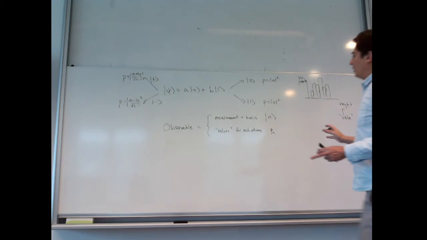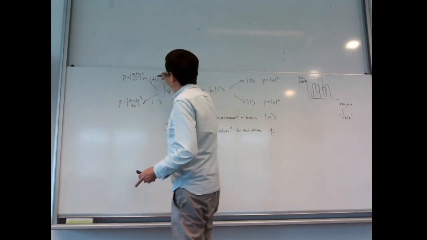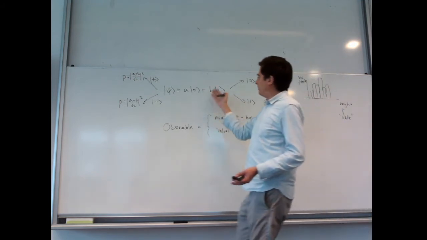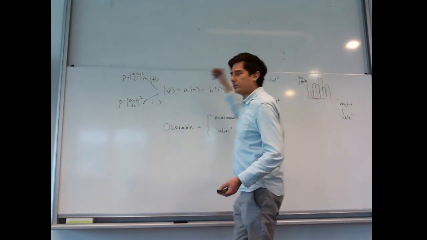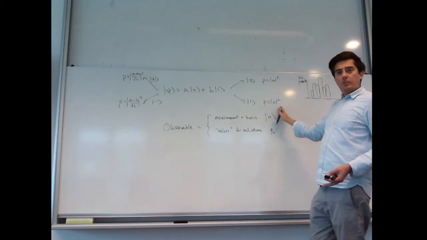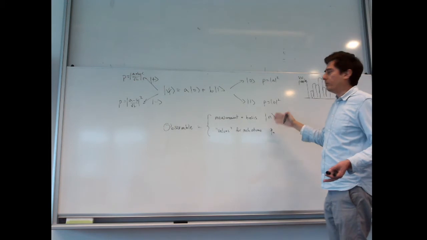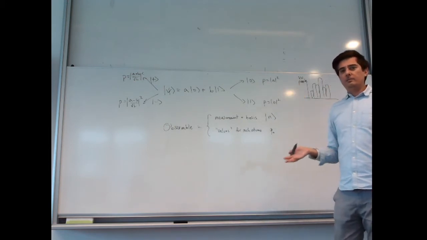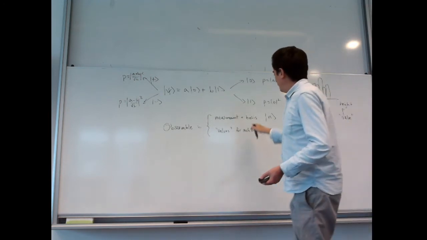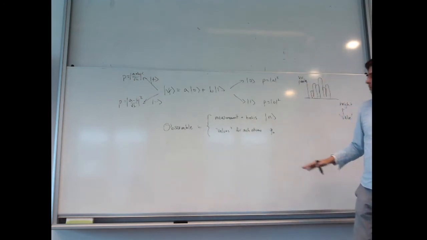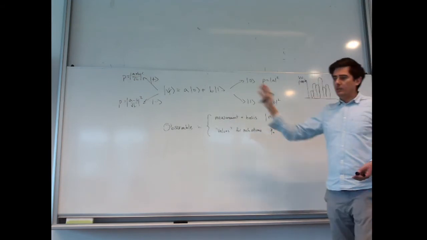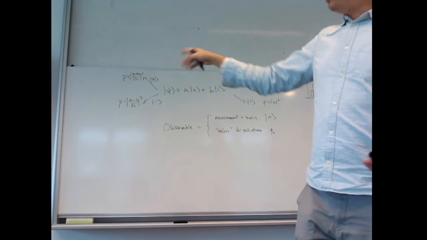Depending on what kind of measurement you're doing, you'll have a different observable, because with plus-minus versus 0-1 you're going to get completely different probabilities. And if you have different probabilities, you're going to get different averages and so on. So the basis is important in quantum mechanics, but we already talked about that before this set.